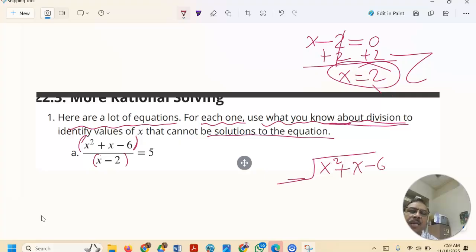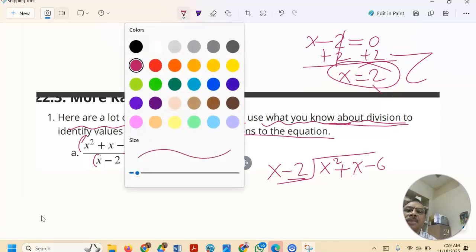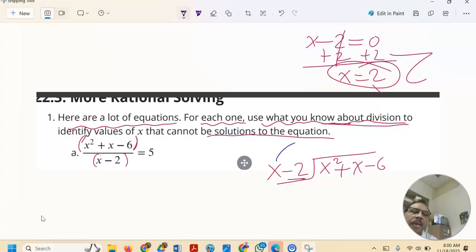Some of you forgot this. So if you divide, what do you get here? So x times x is x squared, if you remember, and then if you multiply here, you get minus 2x, and then subtract. So many of you forgot this, right? So if you subtract, this becomes 3x here, and drop the minus.